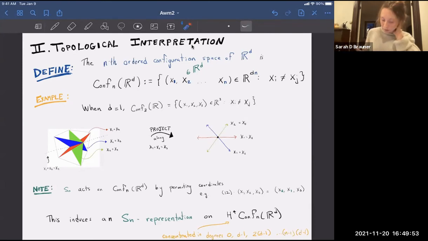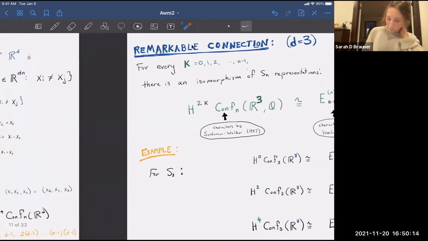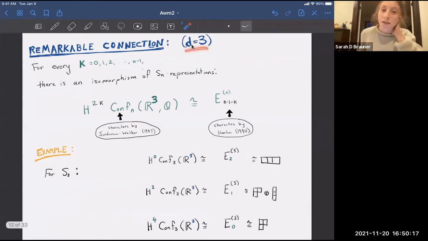And so what I'm going to do is I'm going to take the cohomology of this space. And when I do that, that action is going to tell me that I get an Sn representation on this cohomology by functoriality. And this cohomology, it's been studied a lot in a lot of different contexts. It turns out it's concentrated in degrees that are multiples of d minus 1. Okay, and I'm going to stick to the case that D is 3 for today.